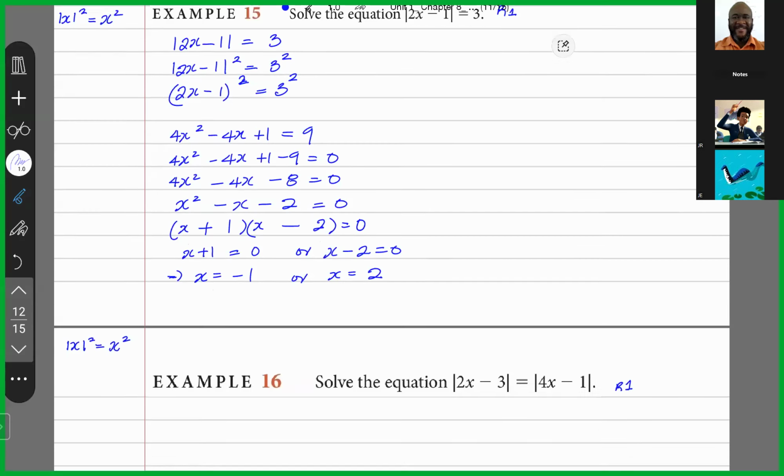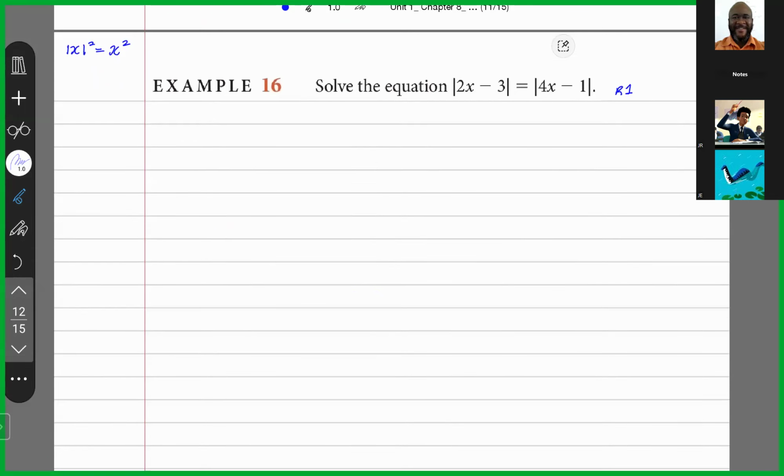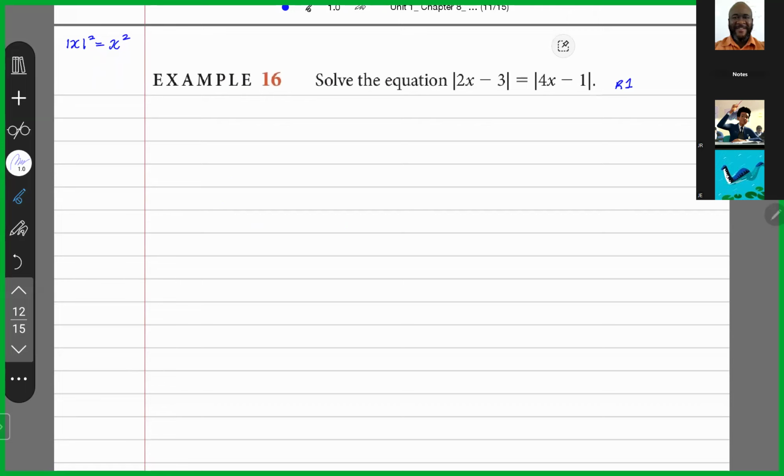All right, example 16, using result 1. Result 1 essentially says that the mod of x squared is equal to x squared. So if I have the equation, the mod of 2x minus 3 is equal to the mod of 4x minus 1, using result 1, I would start by squaring both sides.